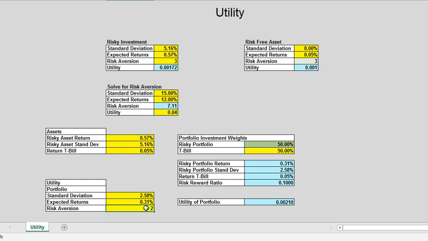If we make that a 2, then again, obviously the number gets a little bit bigger. If they're very scared about risk, they have a risk aversion of 5, then it's going to be a much lower utility number. So again, we can play with the concept of utility and benefit with this worksheet.